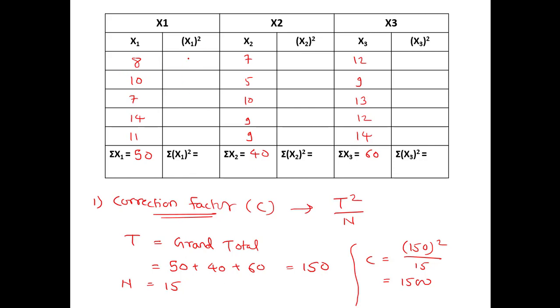So let's do this. The square of 8 is 64, 10, 100, 49, 196, 121. And the addition of all these is 530.